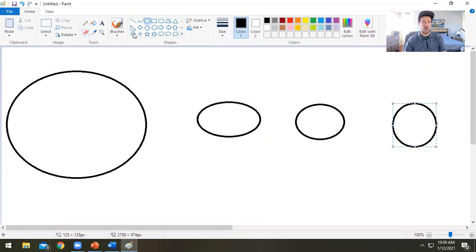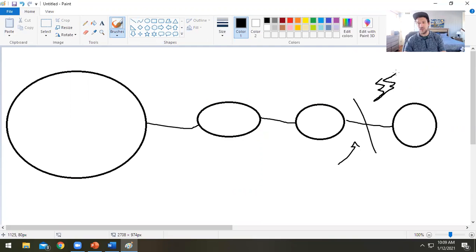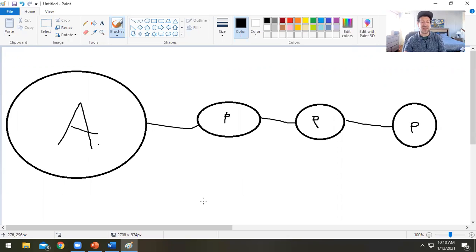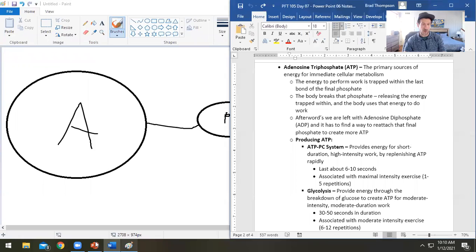The energy is trapped in between these bonds, particularly right here. So when we break that bond, tons of energy gets released. Once that's broken down, it becomes ADP, because you'll only have two phosphates instead of three.